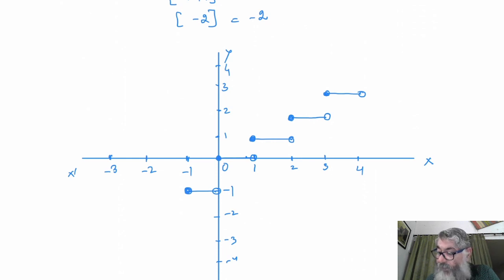Any value which is taken between minus 1 and minus 2, the greatest integer function will be minus 2 only. Between minus 2 and minus 3, it will be always like this.